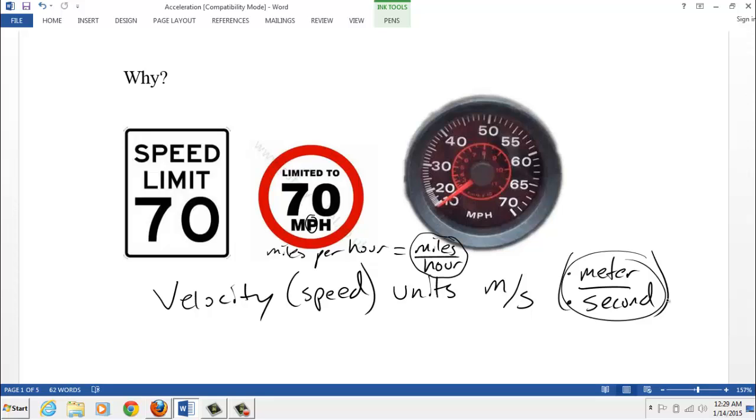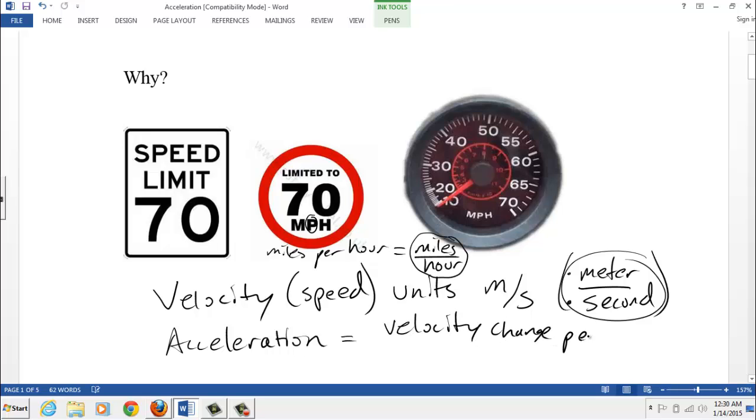If a car starts at 0 miles per hour and slowly speeds up to 10 miles per hour, how long did it take? How much did it increase in speed per second? Acceleration describes how fast the velocity changes per second.